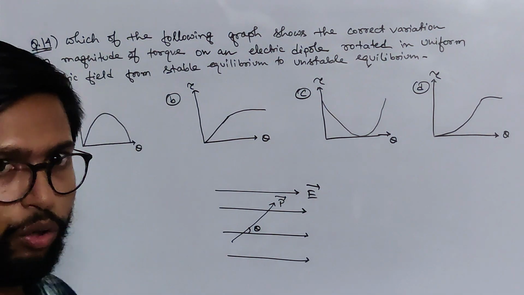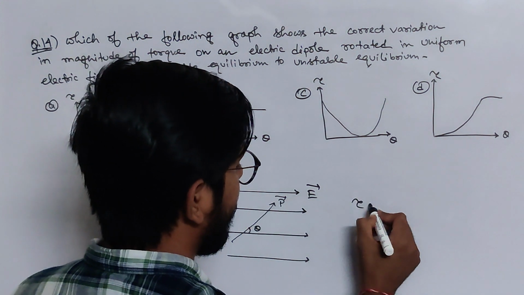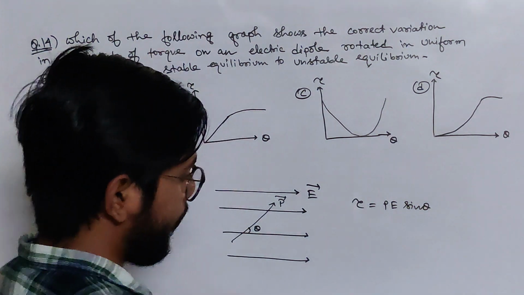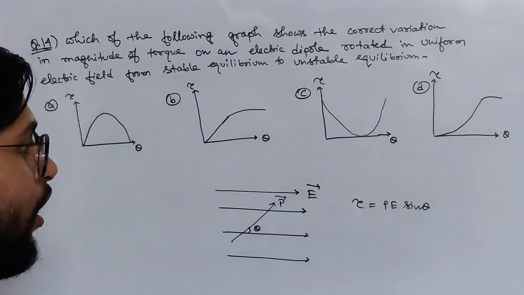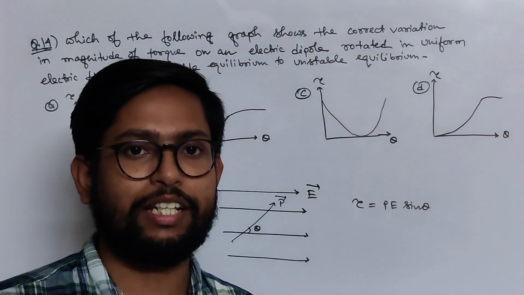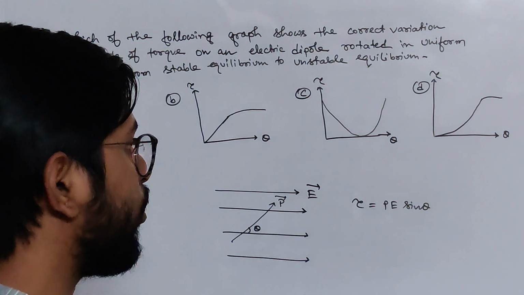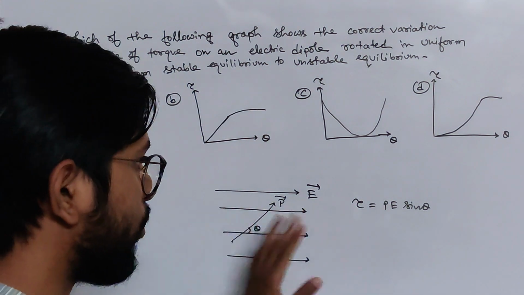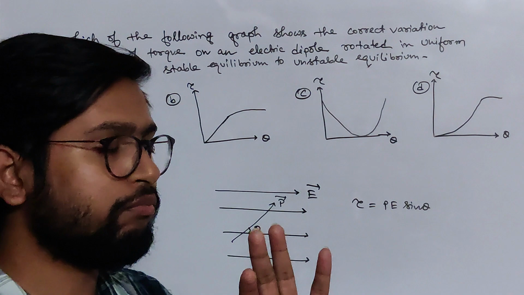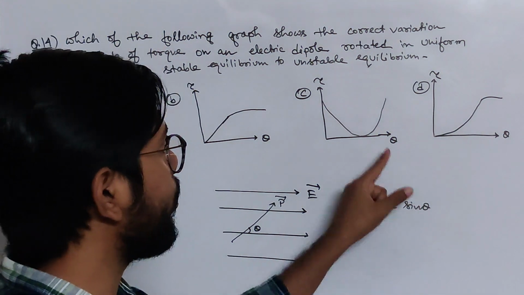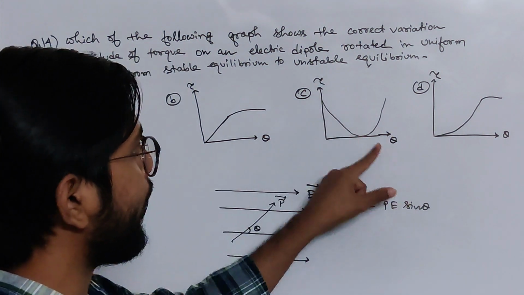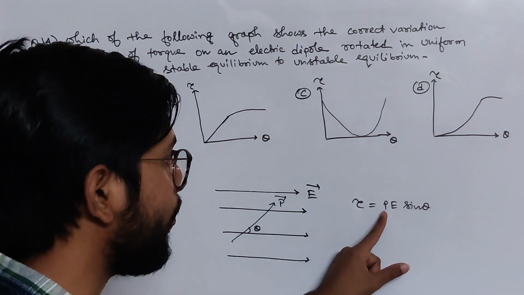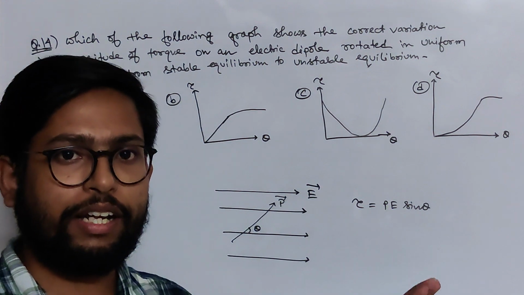What we know, the torque is PE sin theta, or in vector notation, tau equals P cross E. I am not writing the cross product; I want to make you understand in terms of the angle, because the question is about the variation of tau with angle. And that angle is the angle between P and E, the dipole moment and the electric field.